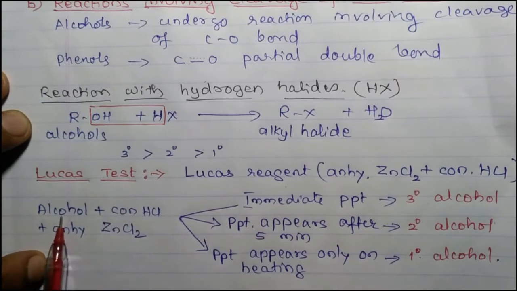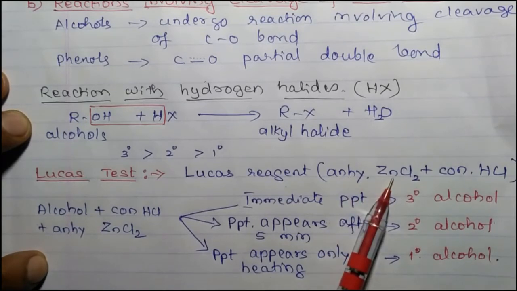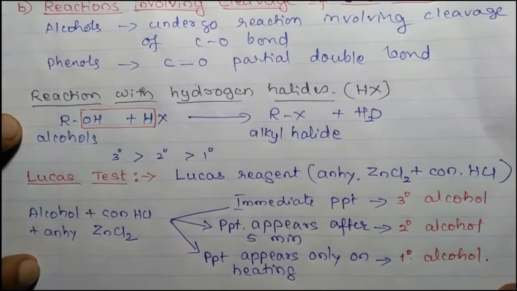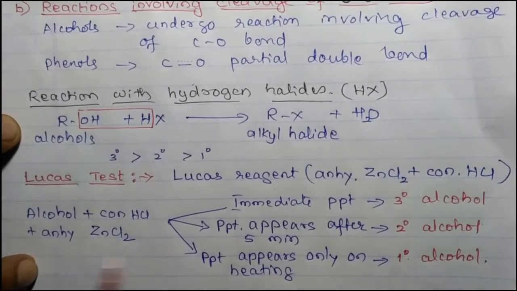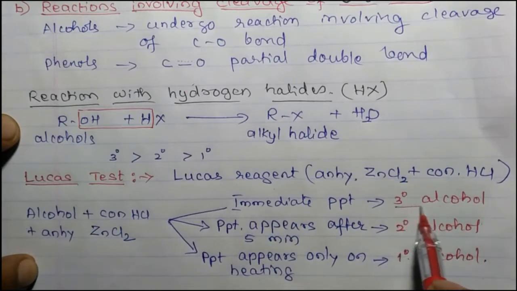Alcohols treated with the Lucas reagent, a mixture of anhydrous zinc chloride and concentrated HCl: if it gives an immediate precipitate, it is a tertiary alcohol. If the precipitate appears after 5 minutes, it is secondary.